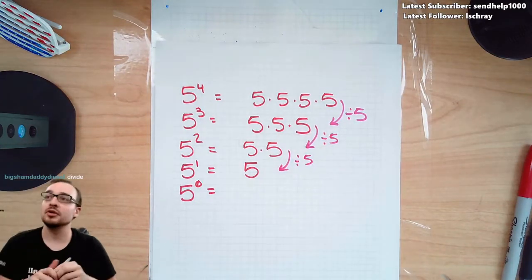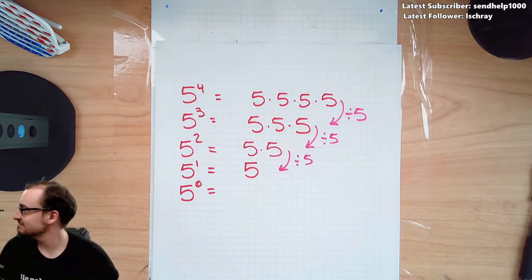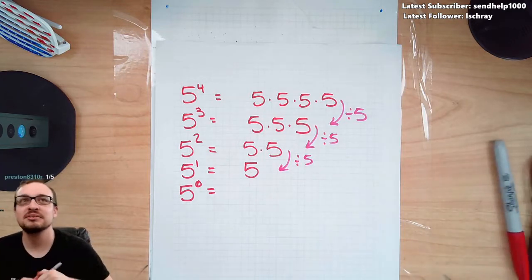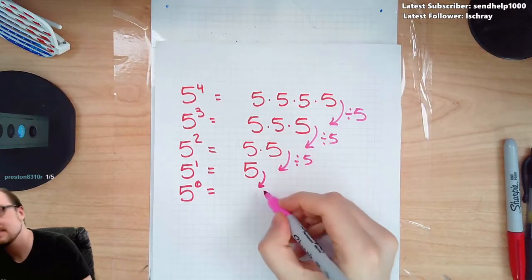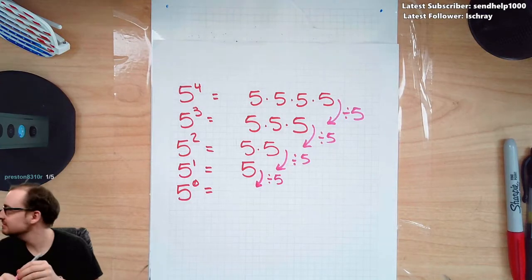So what's 5 to the 0th? Close. It's 5 divided by 5.